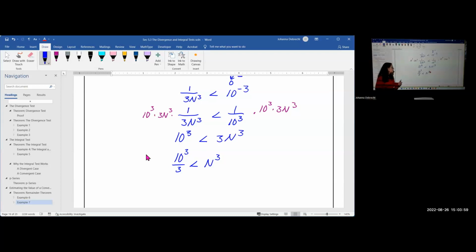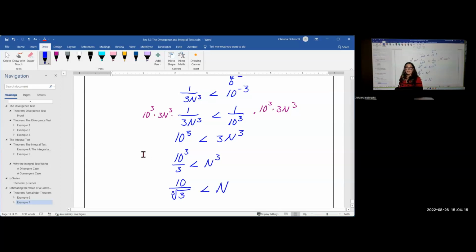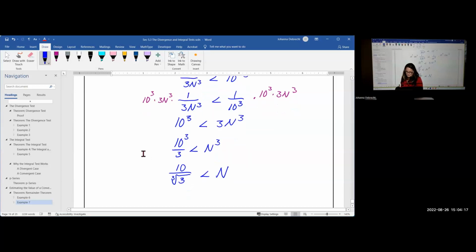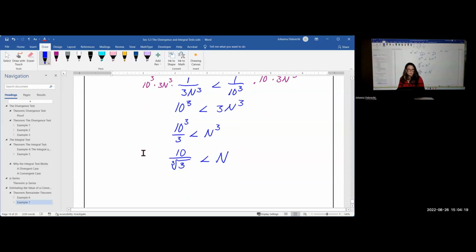I know it's going to be positive because I know uppercase N is positive. So I'm going to take the cube root of both sides, and I get 10 over the cube root of 3 less than uppercase N. Now grab your calculator and punch in that value, and write down what you have as an approximation.